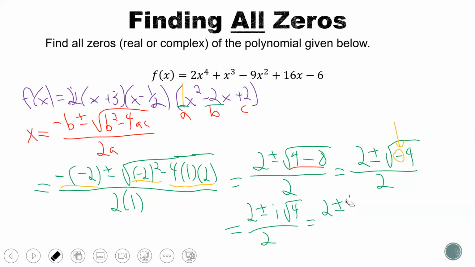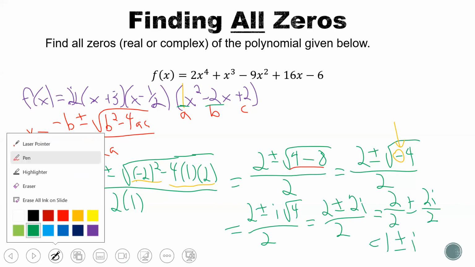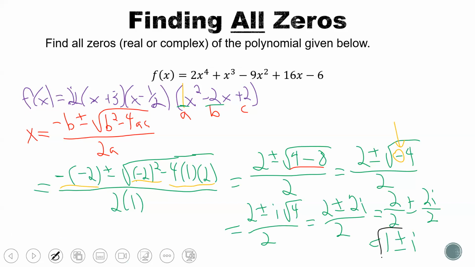2i over 2, which breaks down into 2 over 2 plus or minus 2i over 2, which, reducing both of those, gives us 1 plus or minus 1i, or just i. And with that, we find our final two zeros, so the 1 plus i and the 1 minus i.